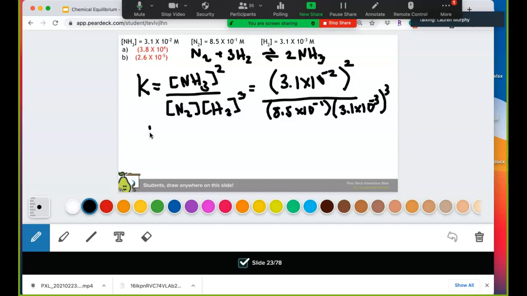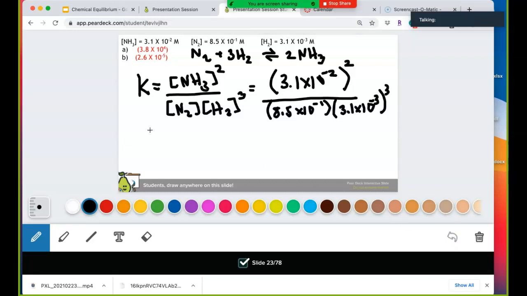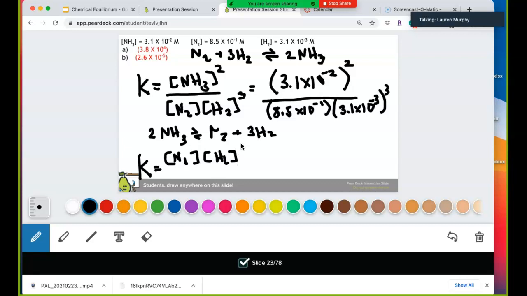So 2 ammonia are now my reactants, and nitrogen and hydrogen are now my products. And so my equilibrium expression looks like this. K equals, I have nitrogen and hydrogen on the top now, and the ammonia on the bottom.